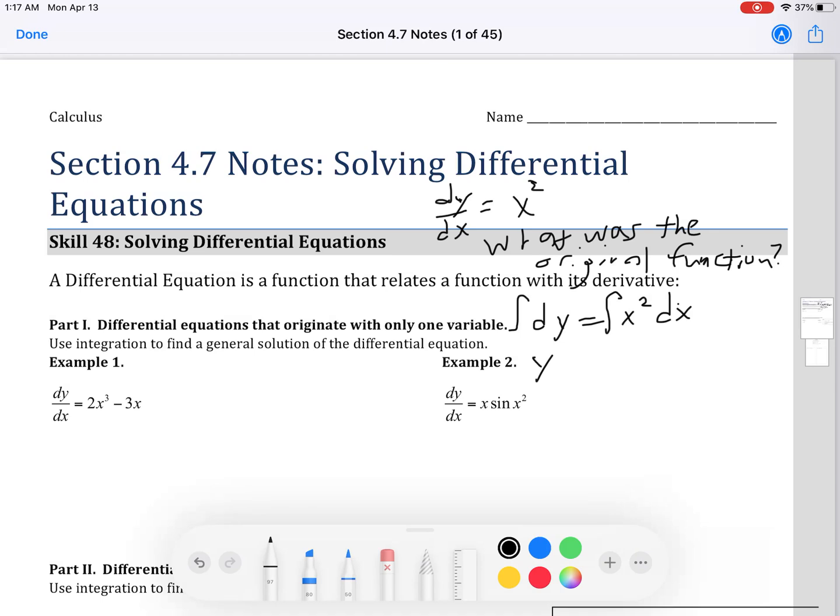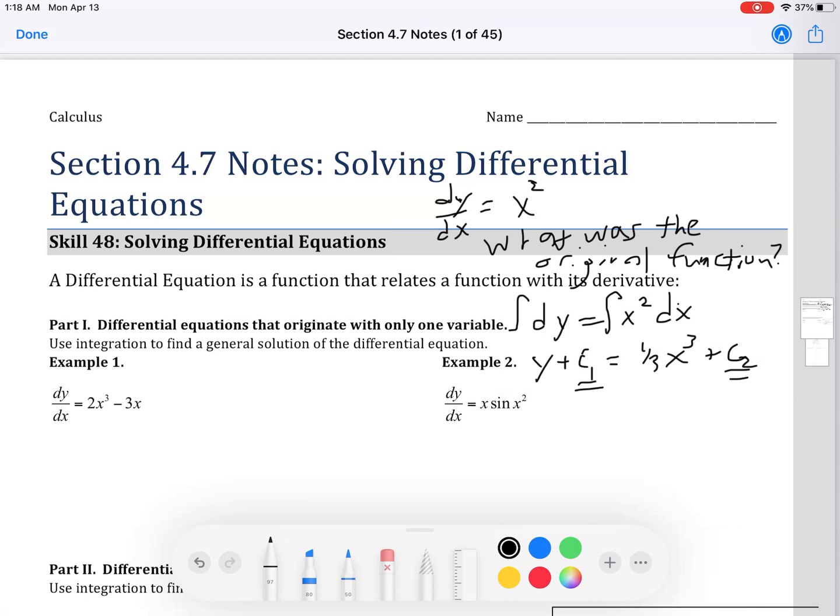So the antiderivative of the derivative of y is just y plus some type of constant c. I'm just going to call this c1. And then on the other side, we had 1/3 x cubed plus c2. Now I'm being a little bit nitpicky here, but this is really what's technically going on.